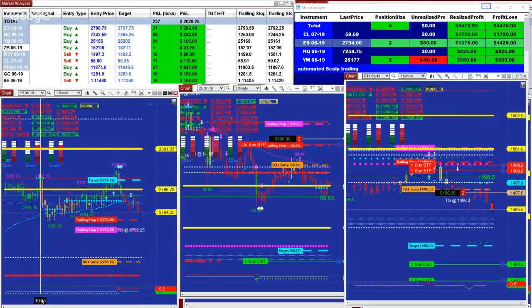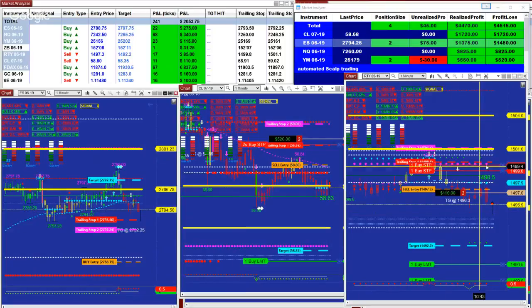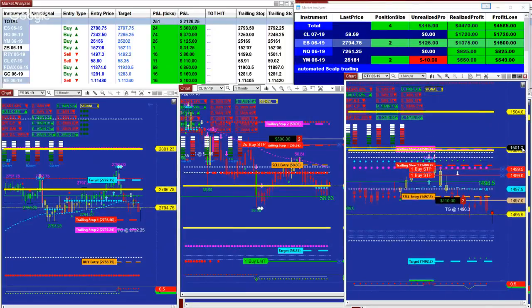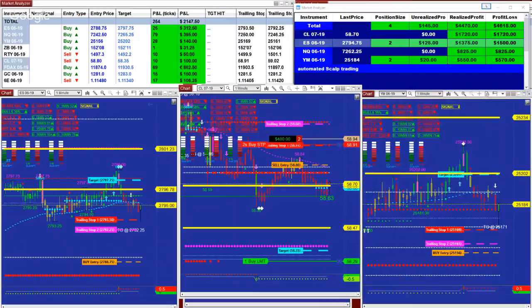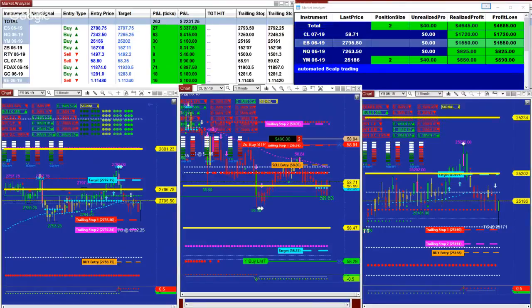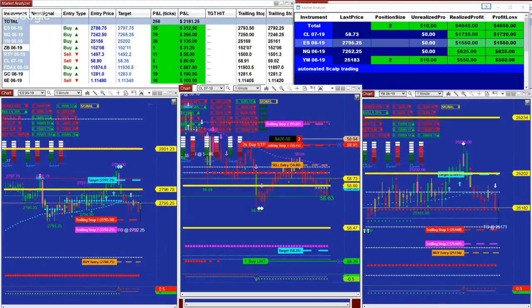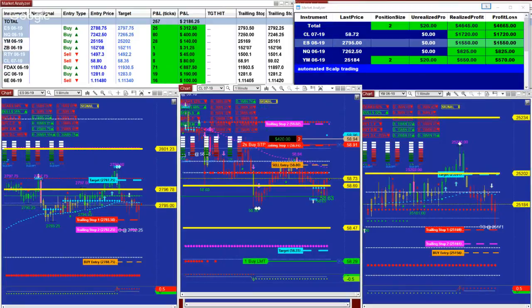We still have a couple key points, and once we get through those, 2790 to 25, we will start looking for a short, not before. A bit slow, guys. I'm sorry, but we have to be patient.